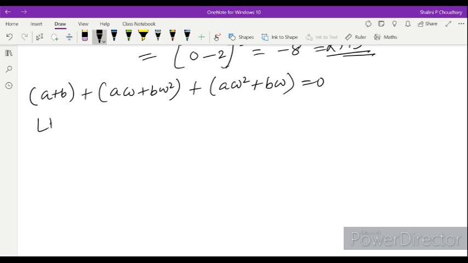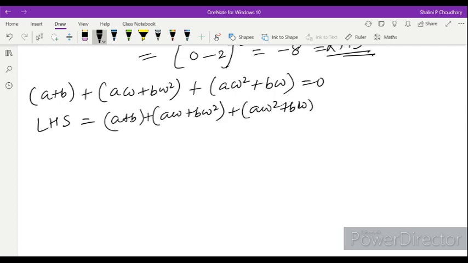So we will take LHS, and that will be equal to A plus B plus A omega plus B omega square plus A omega square plus B omega. Now we will take A common.